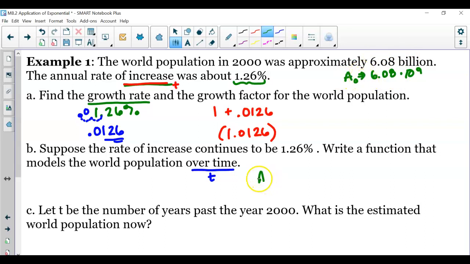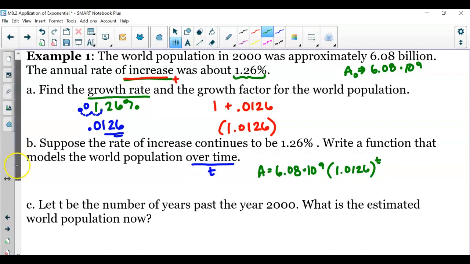So here we've got A is equal to 6.08 billion, times, remember, this is the growth factor or decay factor. In this case, it's growth, 1.0126. Then, do we know what T is yet, our time in years? No. So I'll put T here, and that is our function.